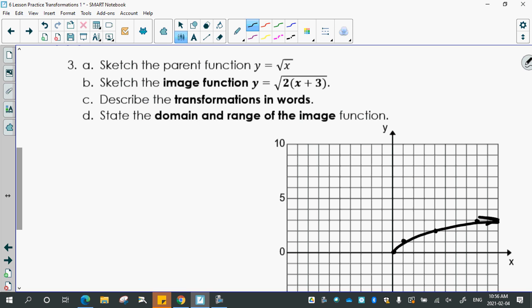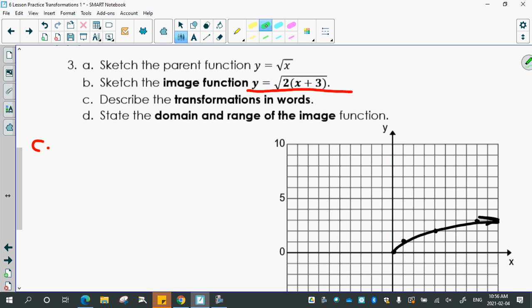Okay, so now we want to draw this image, but I always like to do the words first. Okay, so I'm looking at this. Now I see my square root sign. I like to use 2 different colors of highlighters to separate vertical transformations and horizontal ones. It helps me. Okay? So the last ones we always did vertical ones.